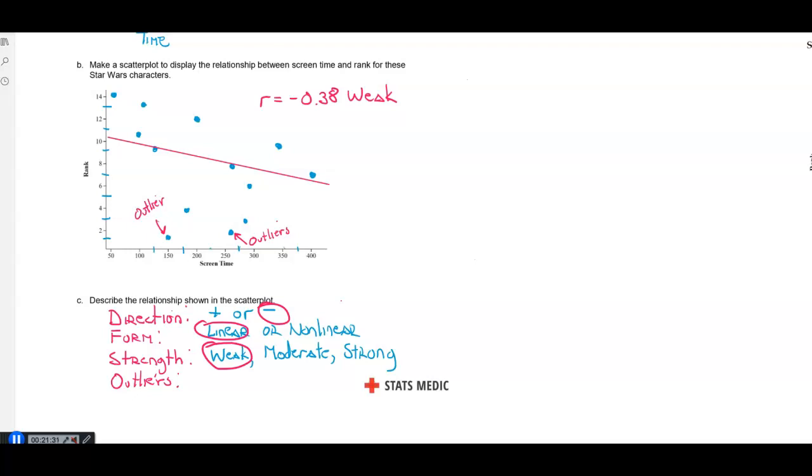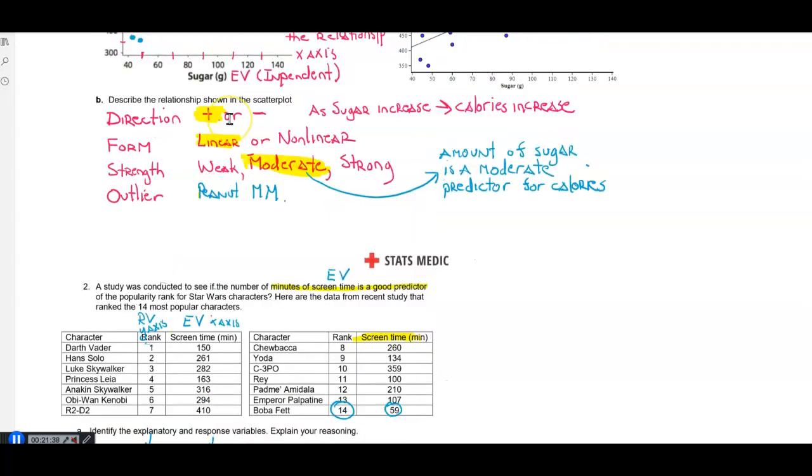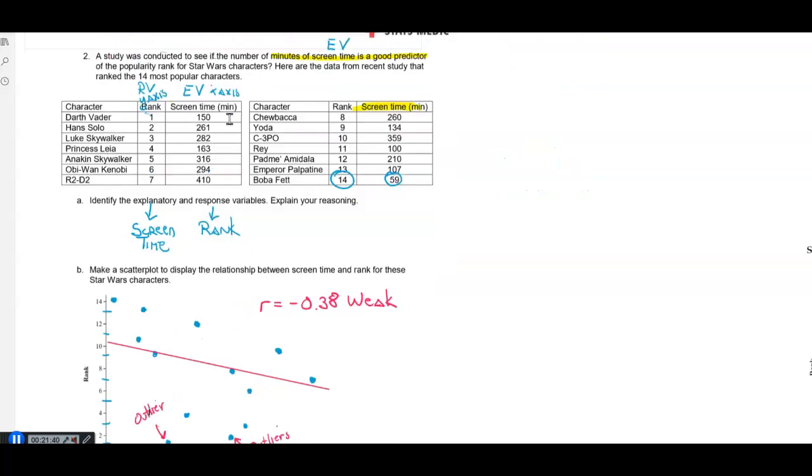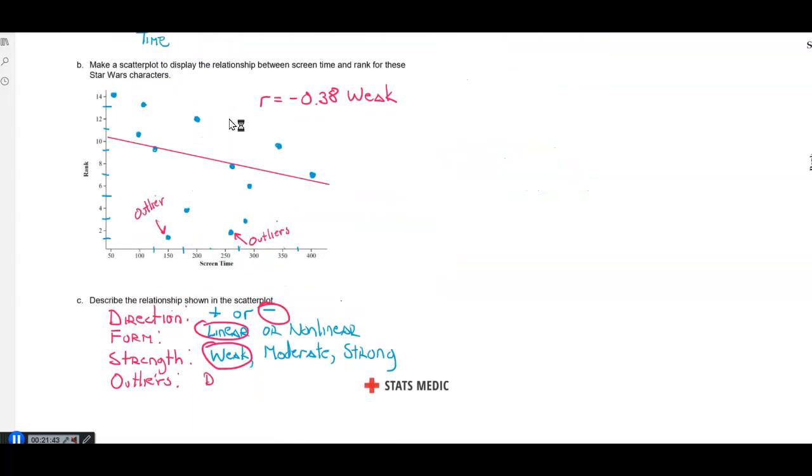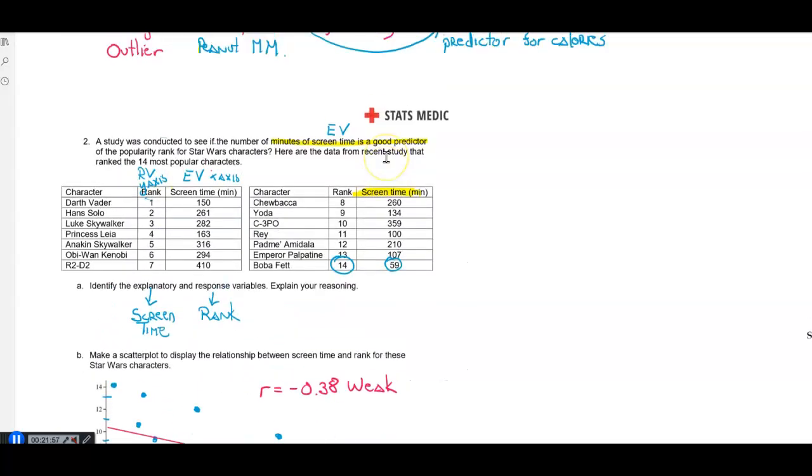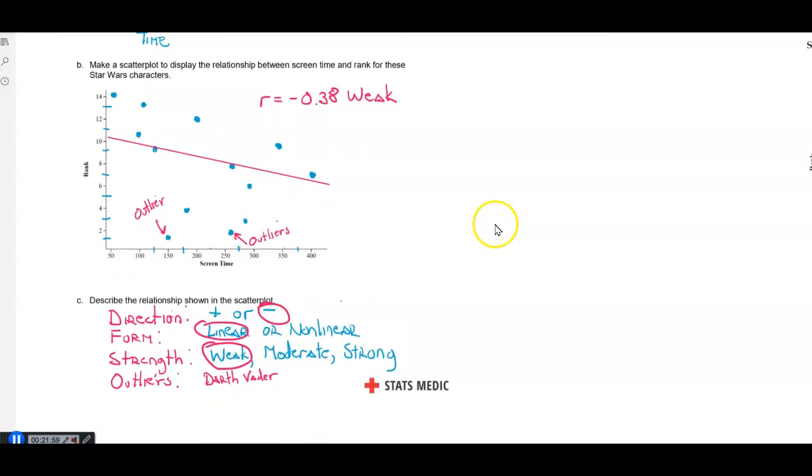So one outlier was 150. Who was 150? Darth Vader. And the other one looked to be 261. 261 was Han Solo.